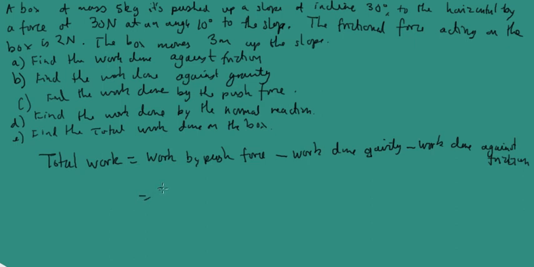So we had 88.6 joules from the push force, we had 75 joules from against gravity, and we had 6 joules against friction. So that gives us 7.6 joules of work done altogether.